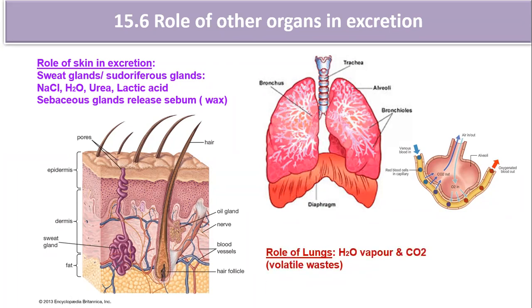So water vapor and carbon dioxide, along with volatile waste, are lost with the help of the lungs. The lungs are the respiratory organ, but also an accessory excretory organ, helping in excretion of volatile substances like carbon dioxide and water vapor produced during cellular respiration. So these are the two organs considered as accessory excretory organs.